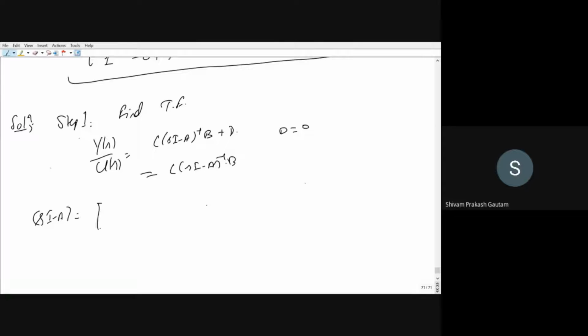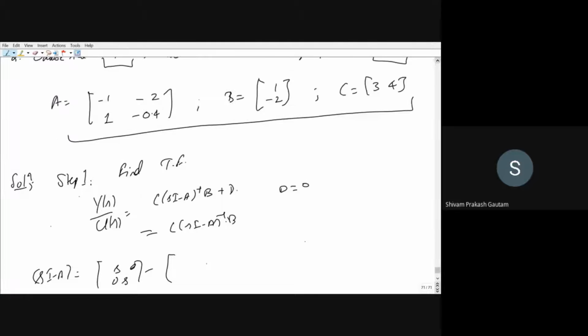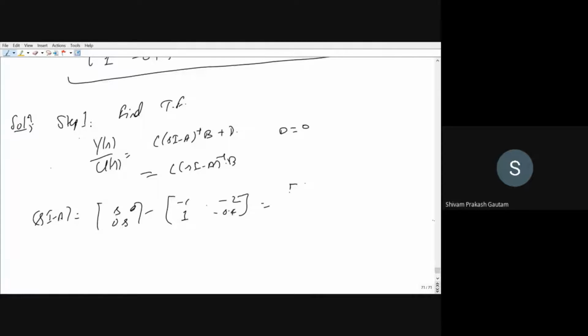Since it is a 2 cross 2 matrix, sI minus the A matrix of -1, -2, 1 and -0.4, if you solve this, it will be equal to s plus 1, 2, minus 1, s plus 0.4.